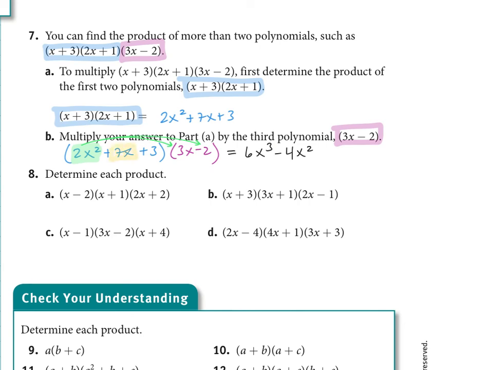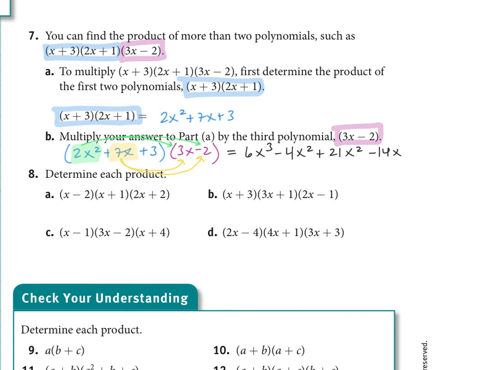So I have 7x, and now I'm going to multiply that times 3x and times negative 2. So 7x times 3x is going to be a positive 21x squared. And then 7x times a negative 2 is a negative 14x. So again, that's how I get my middle pieces.